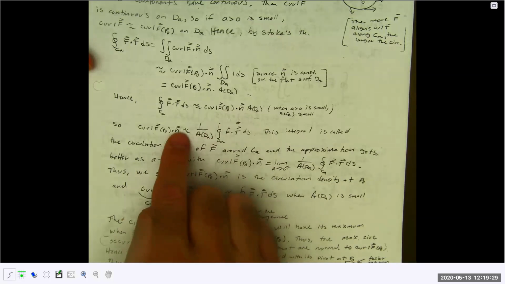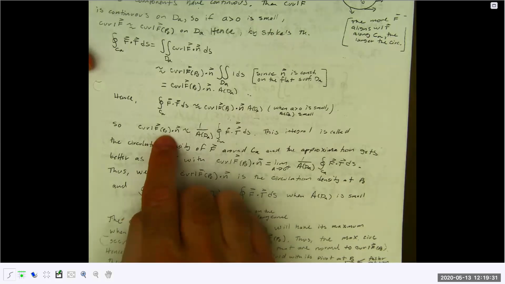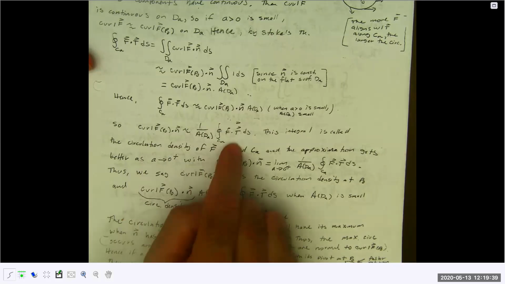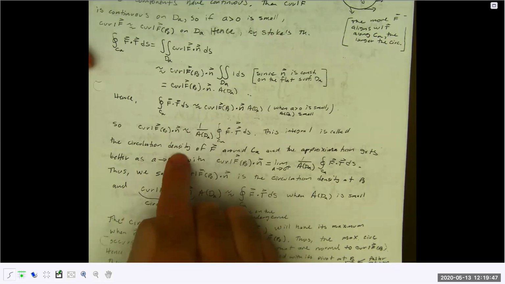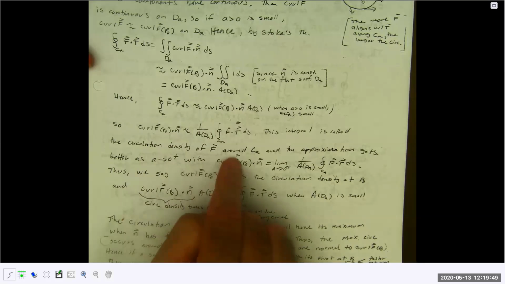And so if we divide through by the area of the disk, we have the curl of F at P sub 0 dot n is approximately equal to 1 over the area of the disk times this integral. The whole thing on the right-hand side is called the circulation density of F around C sub a.